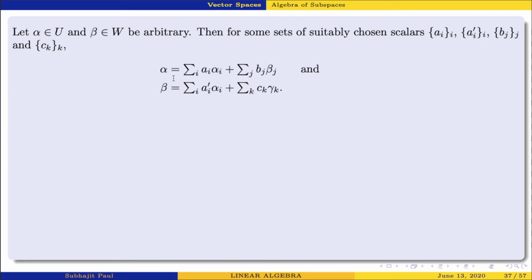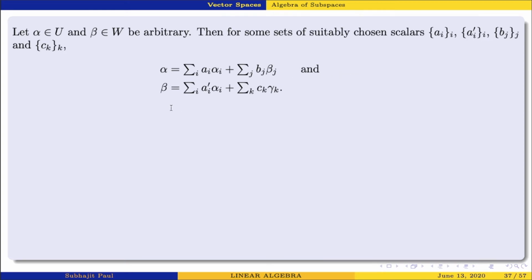So alpha can be written as a linear combination of alpha i vectors and beta j vectors with this set of scalars a_i and b_j. These two sets of scalars give the representation of alpha with respect to the basis S2.